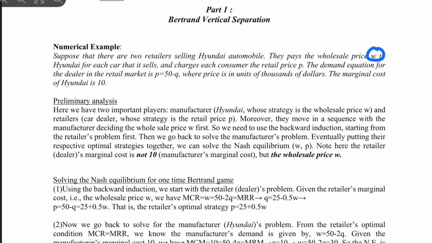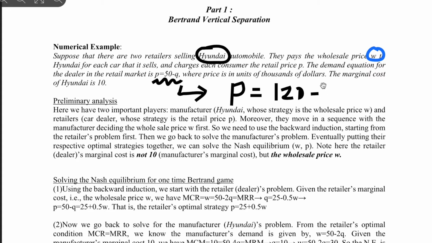So the only difference between the chapter 6 example and this is that the company name has changed to Hyundai. In order to look at a different example, we're going to change the demand curve. So not P equals 50 minus Q, but we want to change it into P equals 120 minus 3Q. 120 minus 3Q will be our new demand curve.